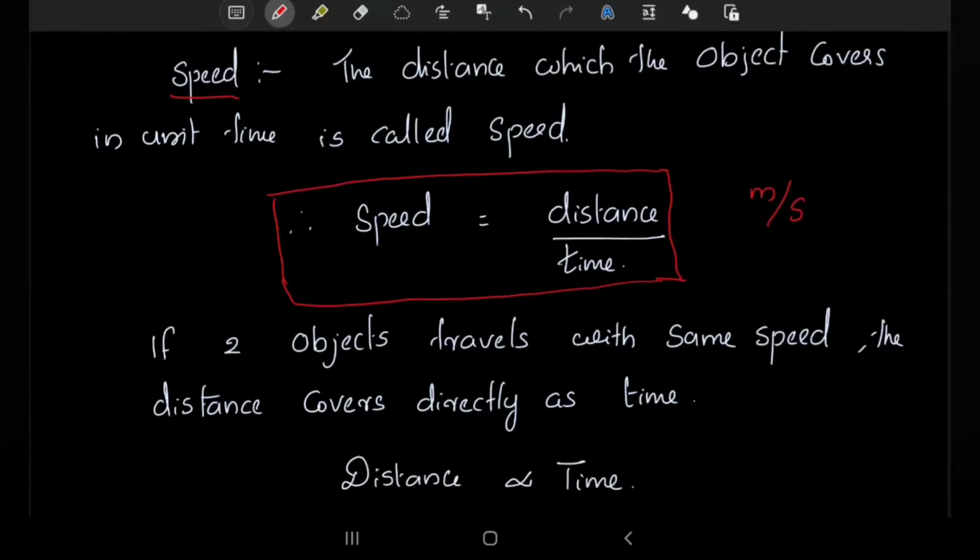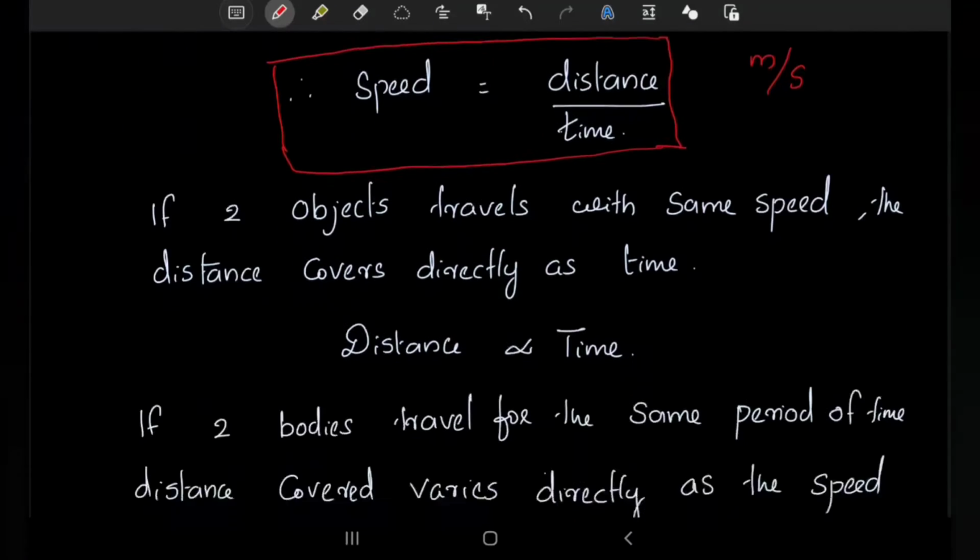If two objects travel with the same speed, the distance covered varies directly with time. If the speed is constant, as the time increases the distance traveled also increases. For a short interval of time the distance is short, and for a longer time the distance is greater.